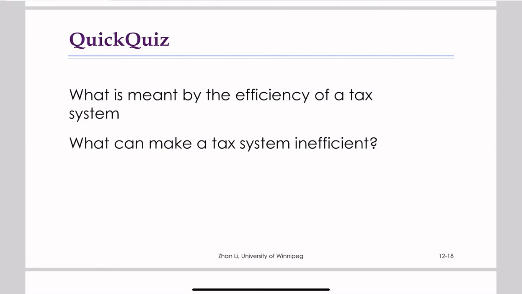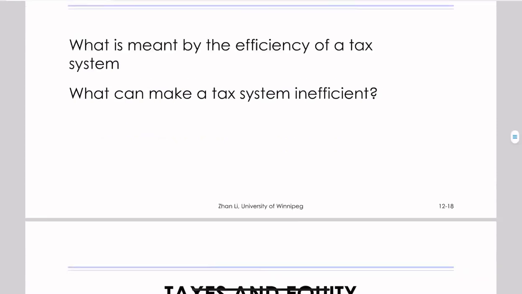So what can make a tax system inefficient? Well, if you have answered the first question, then the second question is pretty obvious, right? So if a tax system has larger deadweight loss or larger administrative burden, then this tax system is more inefficient.